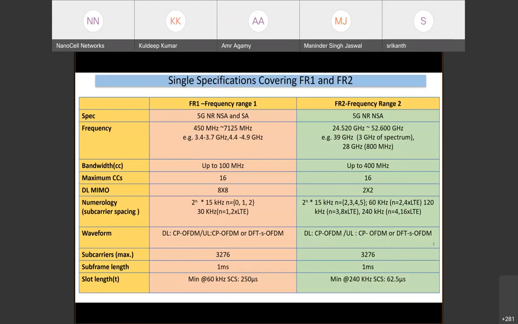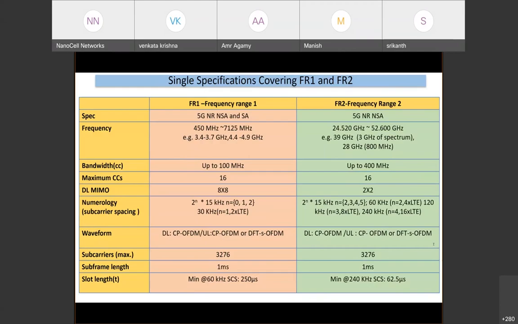While we wait, I can also answer a couple of them. How does DMRS impact throughput? Hello. Yeah, go ahead, Manish. I can hear you. Go ahead, Manish.